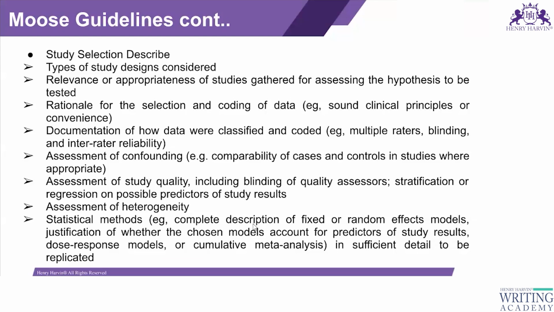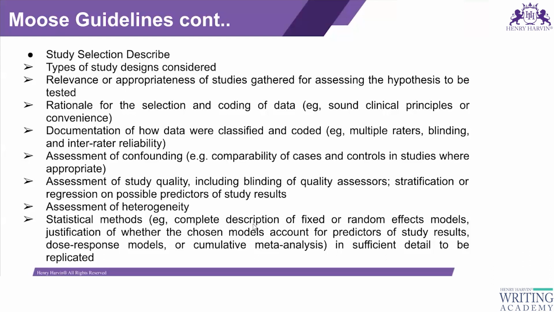Then you have to describe the study selection process, and what types of study design were considered, like randomized studies or observational studies, whether cohort studies or cross-sectional studies. Then the relevance and appropriateness of the studies gathered for assessing the hypothesis to be tested.